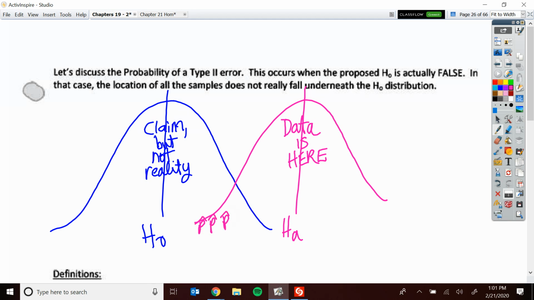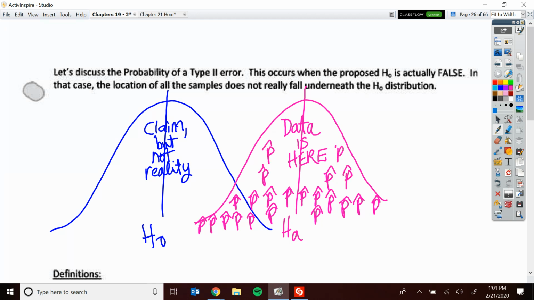So let's put a bunch of p-hat samples in here, all in our HA distribution. These are proportion samples. So there's our distribution not being H0.